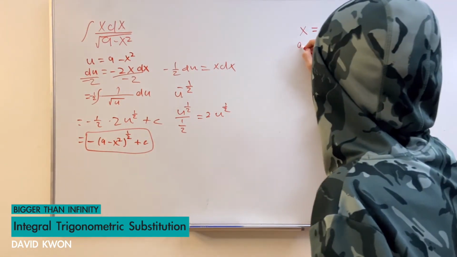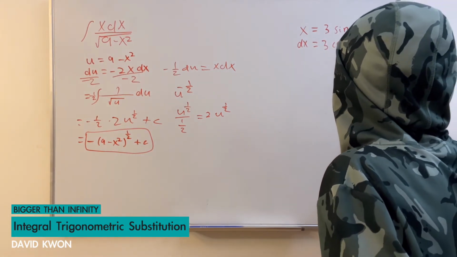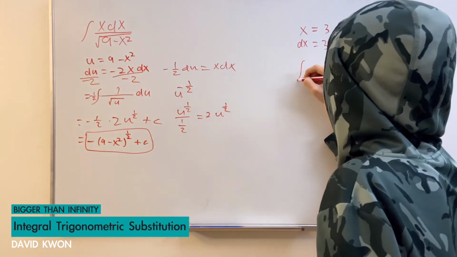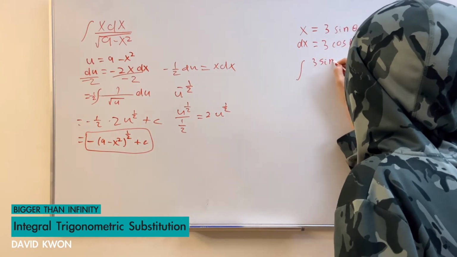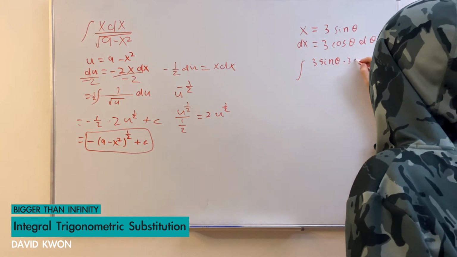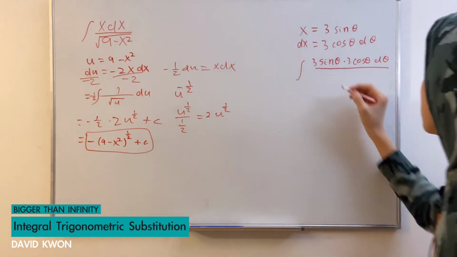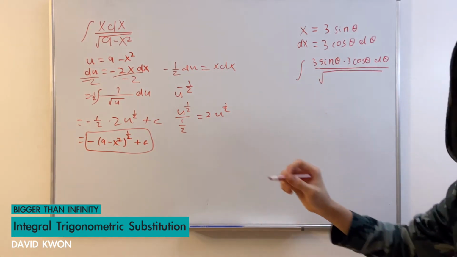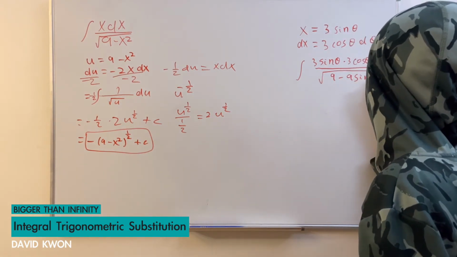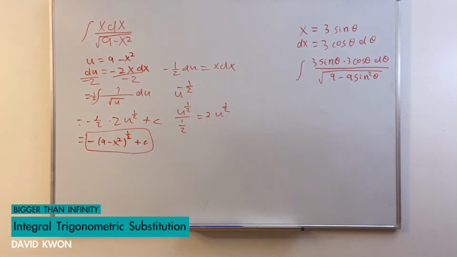Differentiating, dx is 3 times cosine theta times d theta. We do some substitutions: 3 times sine theta times 3 times cosine theta d theta, all over the square root of 9 minus 9 times sine squared theta. That is x squared, we squared it, so we get 9 times sine squared theta.